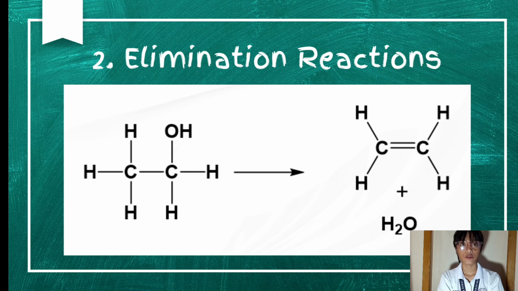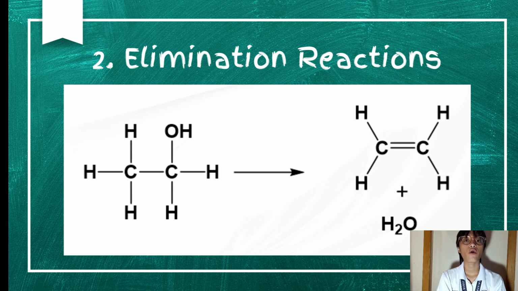So we have an example here on the left side, which is the reactant. The starting compound is ethanol, CH3CH2OH. Under suitable conditions, usually heat and an acid catalyst like sulfuric acid, the elimination process occurs. Ethanol undergoes an elimination reaction where a water molecule, H2O, is removed.